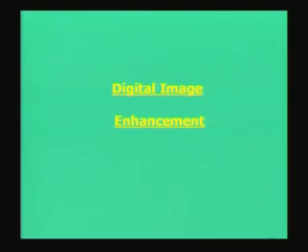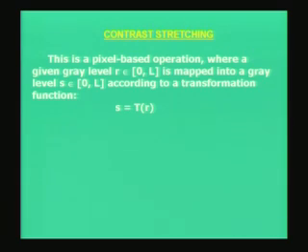Under digital image enhancement, the first concept is contrast stretching. This is a pixel based operation where a given gray level within the range 0 to L, this value of L depends on the number of bits used to store a gray level value or a pixel value, and that is a variable r lying within this range, and that is mapped onto another gray level S, which also lies in the same range 0 to L, according to a transformation function S is equal to T of r.